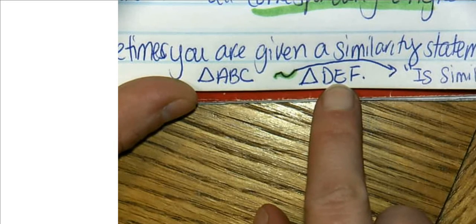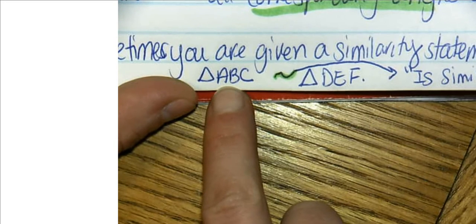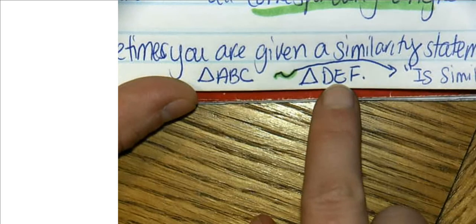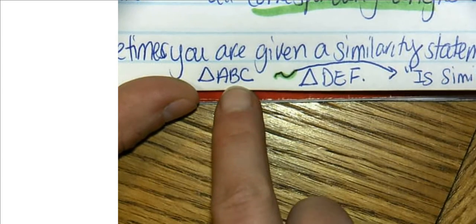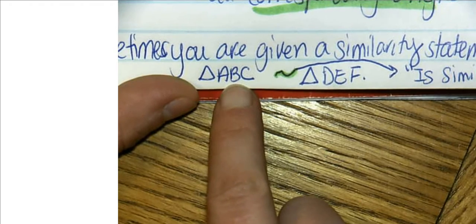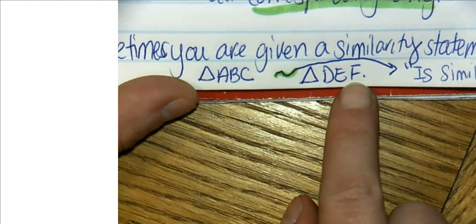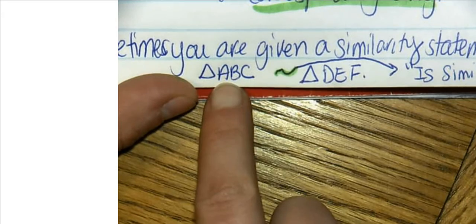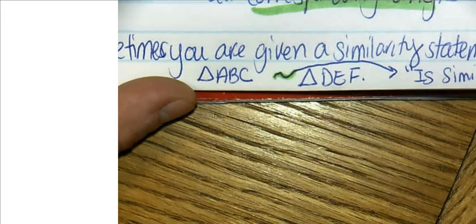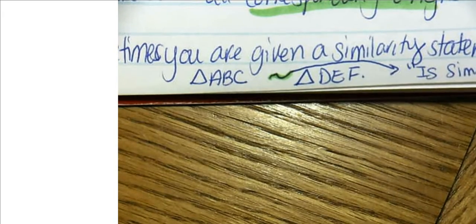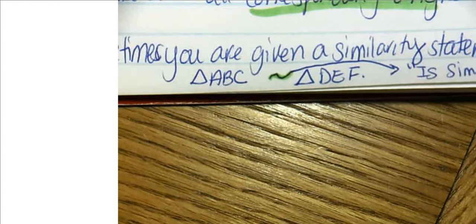Instead, their ratio of AB divided by DE will be equivalent to all of the other side lengths, like BC over EF and AC over DF. All of these side lengths, their ratios will be equivalent to each other.